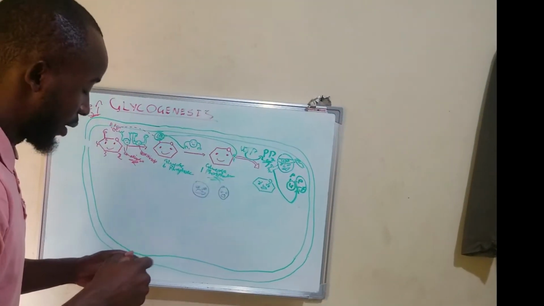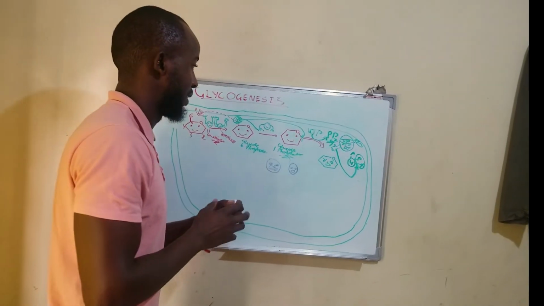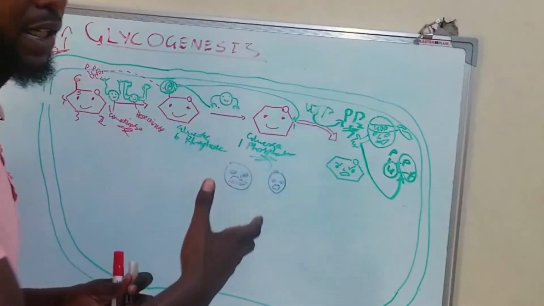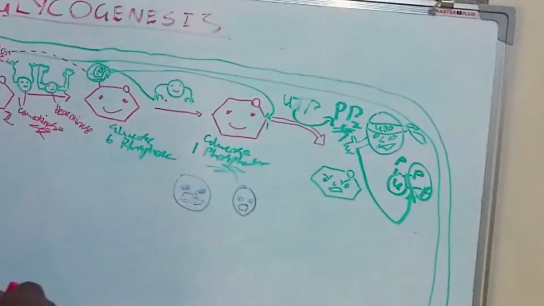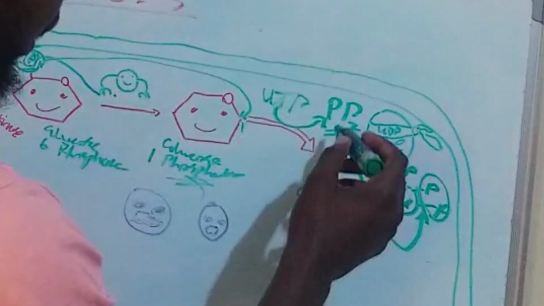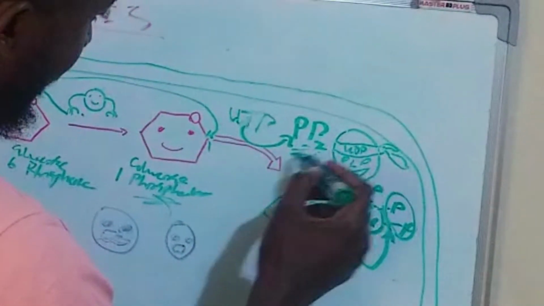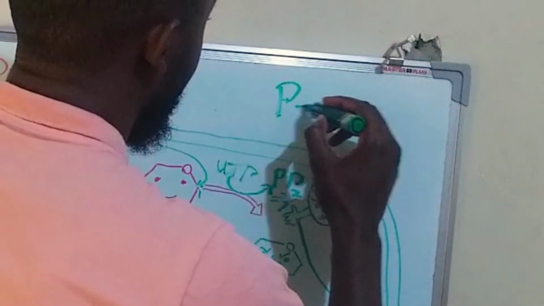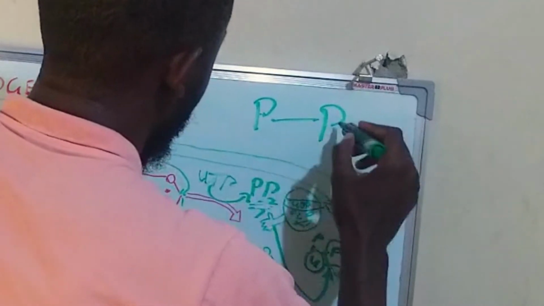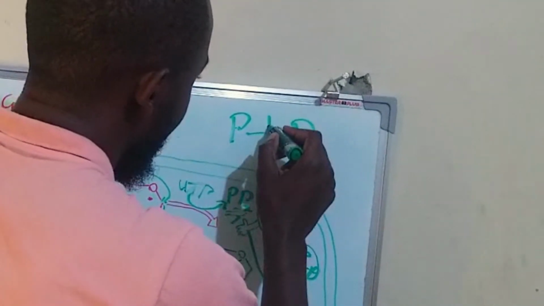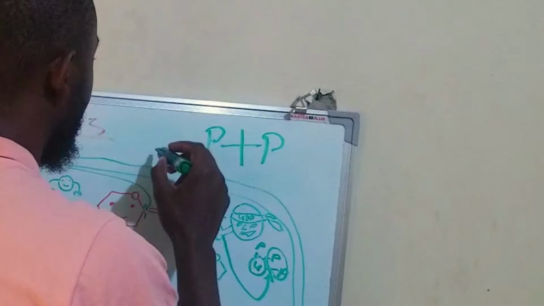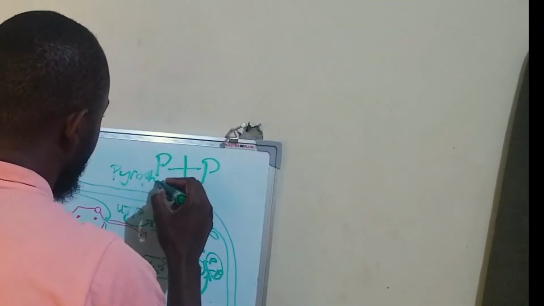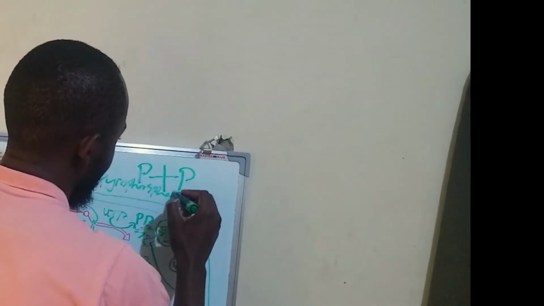Now you're probably wondering, what is the essence of this reaction? The thing is that up until this point, this reaction is endergonic, meaning it is absorbing a lot of energy. Now when we form this pyrophosphate, this phosphate and this phosphate, as it leaves, it will be broken down again by an enzyme known as pyrophosphatase.